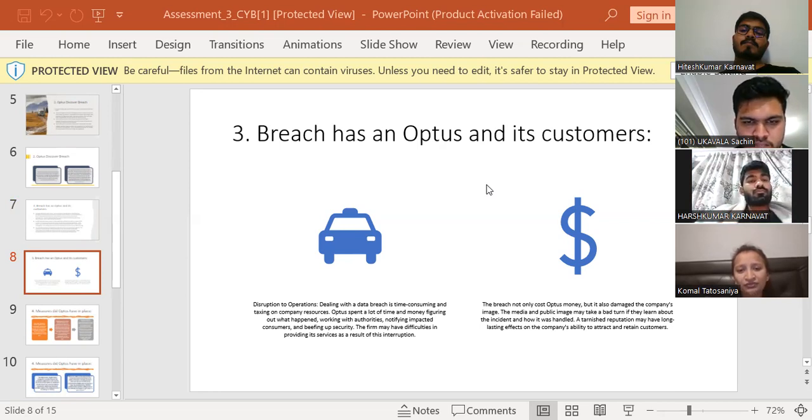The firm may have had difficulty in providing services as a result of the interruption. The breach not only cost Optus money, but also damaged the company's image. The company's public image may take a bad turn if the media learns about the incident and how it was handled.